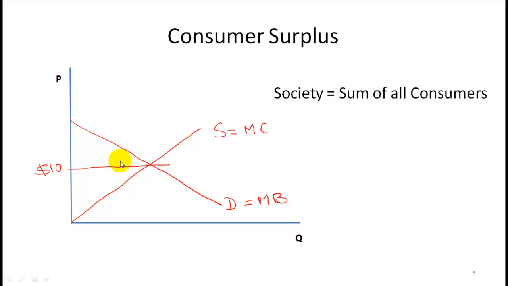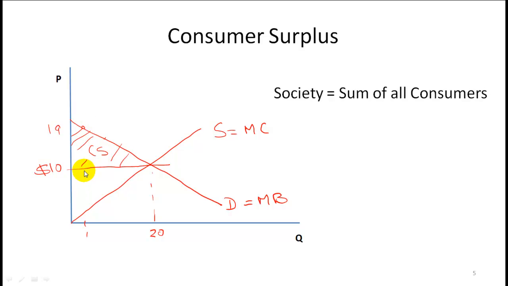Now this region here represents the consumer surplus. Why is this the consumer surplus? Because let's say that the equilibrium quantity is 20. For the first unit the marginal benefit, let's say, was 19. So consumers were willing to pay $19 for the first unit, but how much did they actually pay?